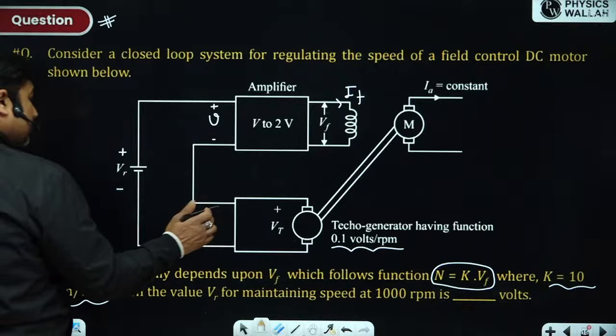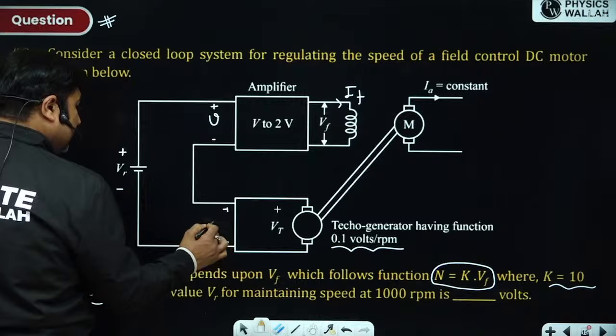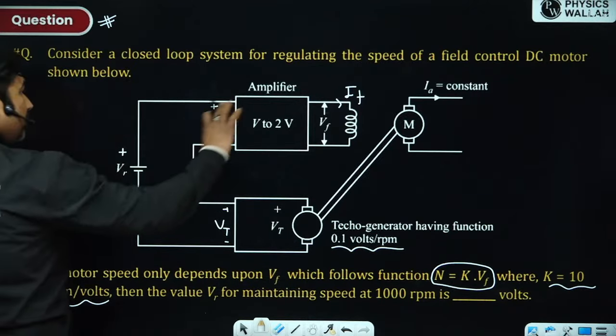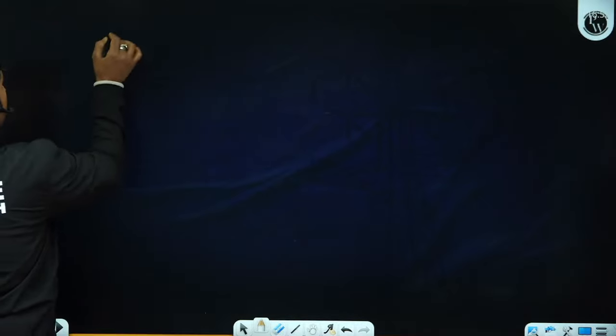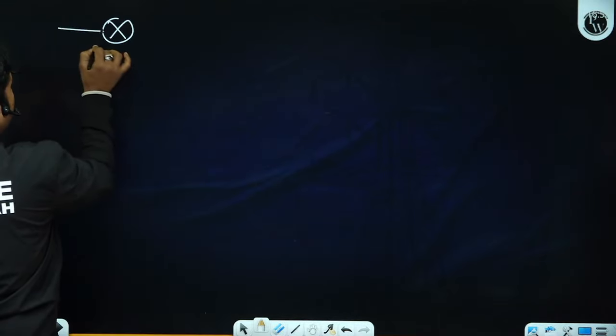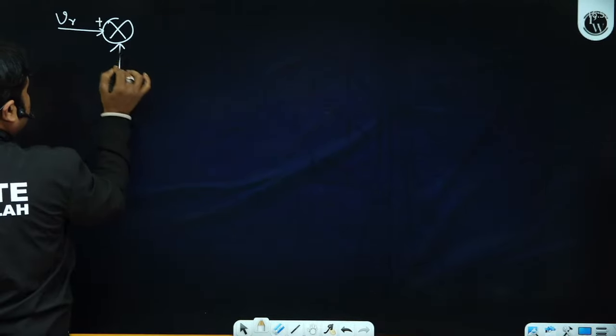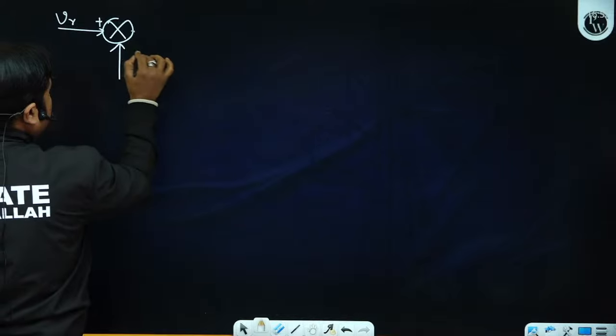Very easy. First of all, you can observe here Vt, Vr and V. The loop voltage appearing onto the field will be Vr minus Vt. Is it okay?